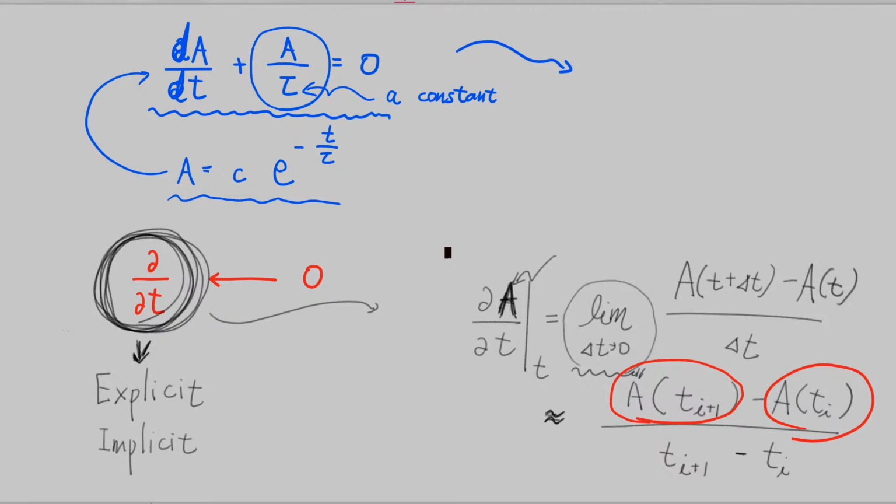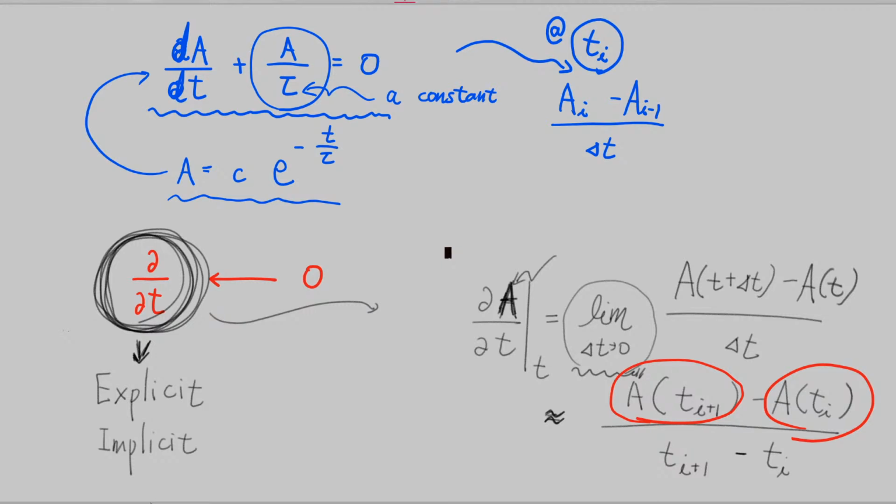Then think about this one. Now we have time i. At time i, how can you discretize this equation? Let me do it this way. A sub i means A evaluated at time t sub i, minus A sub i minus 1, over delta t.